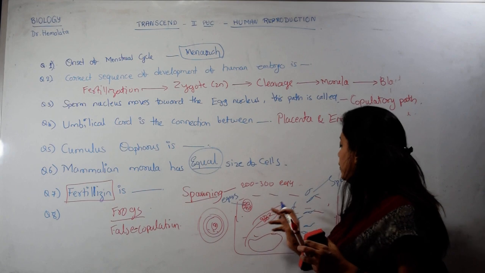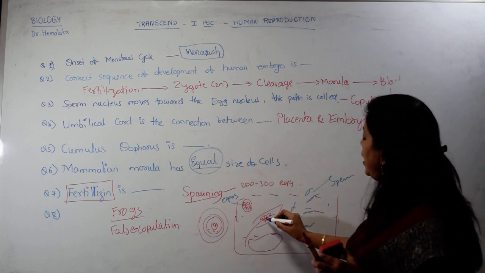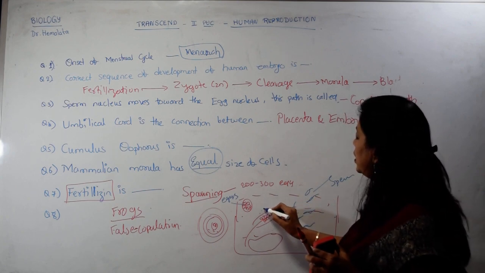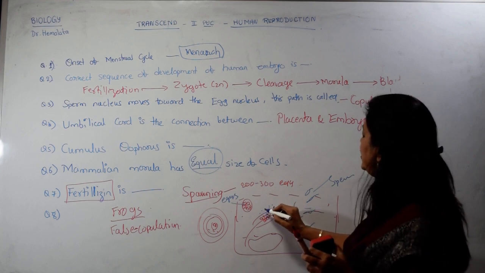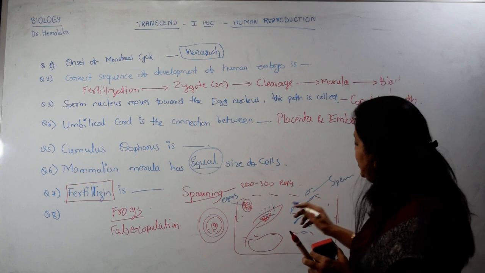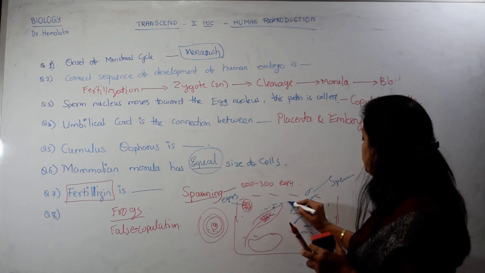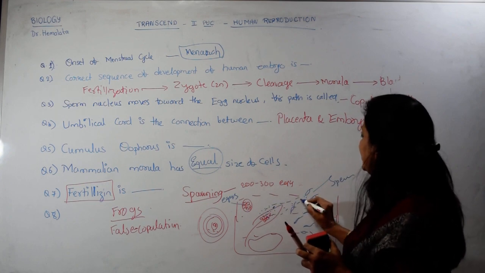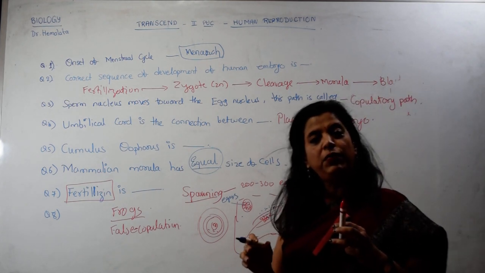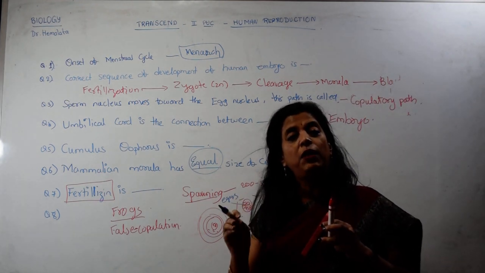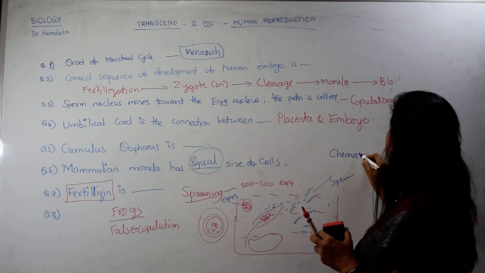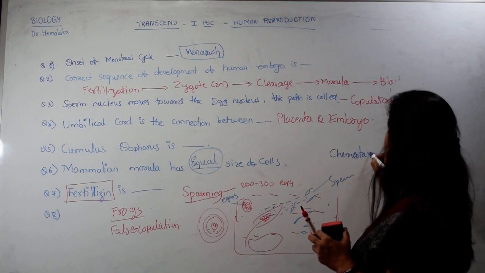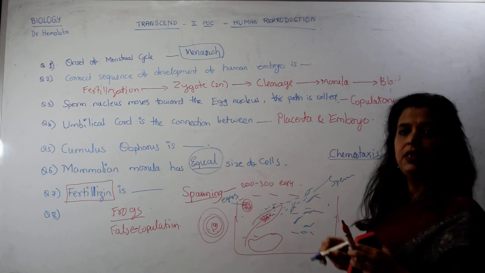Right? Normally, the eggs will release a kind of chemical, and with this chemical attraction the sperms also will come towards the eggs. This attraction between sperm and the egg with the help of chemical is called chemotactic attraction, chemotaxis, right?